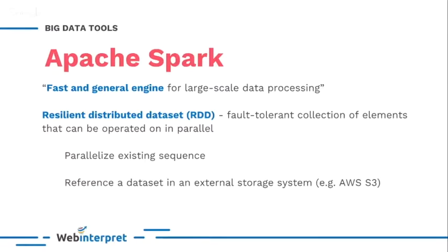You can have an existing structure, a sequence, and just parallelize it using some Spark functions, or you can reference some existing dataset which can exist on the Hadoop Distributed File System or AWS S3 or another file system that is accessible by your Apache Spark.